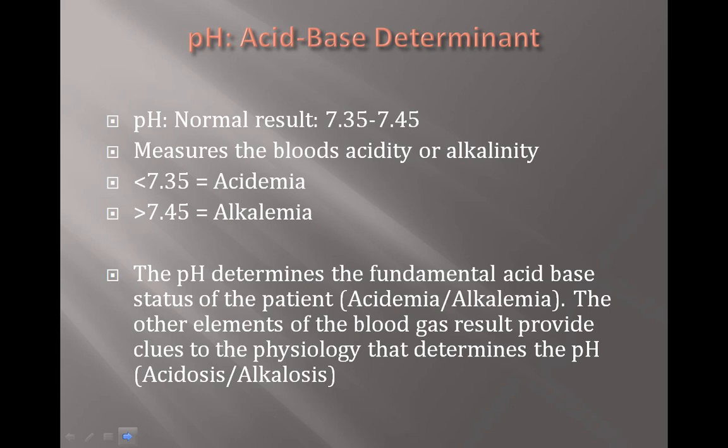So bringing this back to the lab parameters, the pH determines if a patient is acidemic or alkalemic, and it's the PaCO2 and the bicarb that speak to the process of the development of the acidosis or alkalosis. It's not uncommon to hear these terms thrown around, but they're not interchangeable.